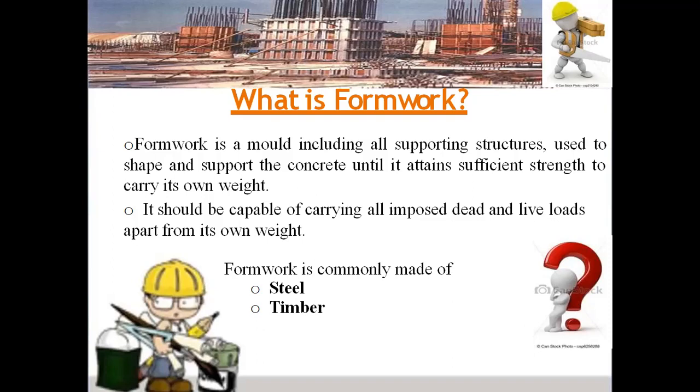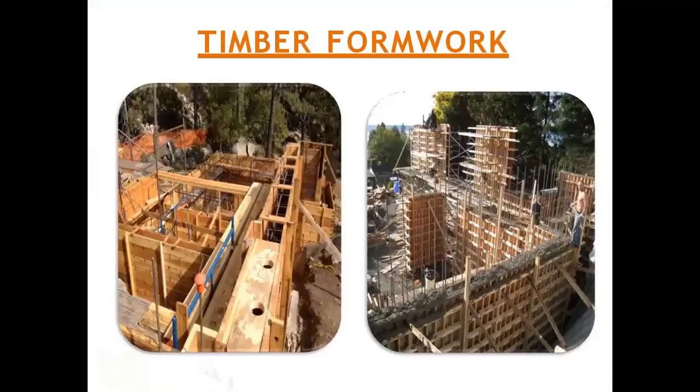There are two types of formwork, commonly made of steel and timber. Here in this picture, you can observe the timber formwork. We can see the formwork which supports the concrete poured into it to get the perfect shape and the desired strength to carry its own self weight.